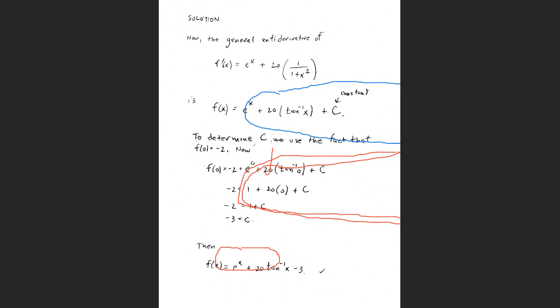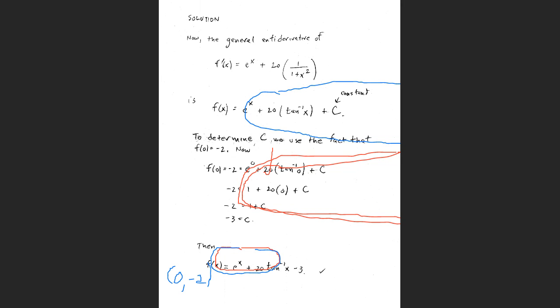But if you also specify a coordinate, you're saying that when x is 0, the function equals -2. So this particular antiderivative function also has to pass through the point (0, -2).